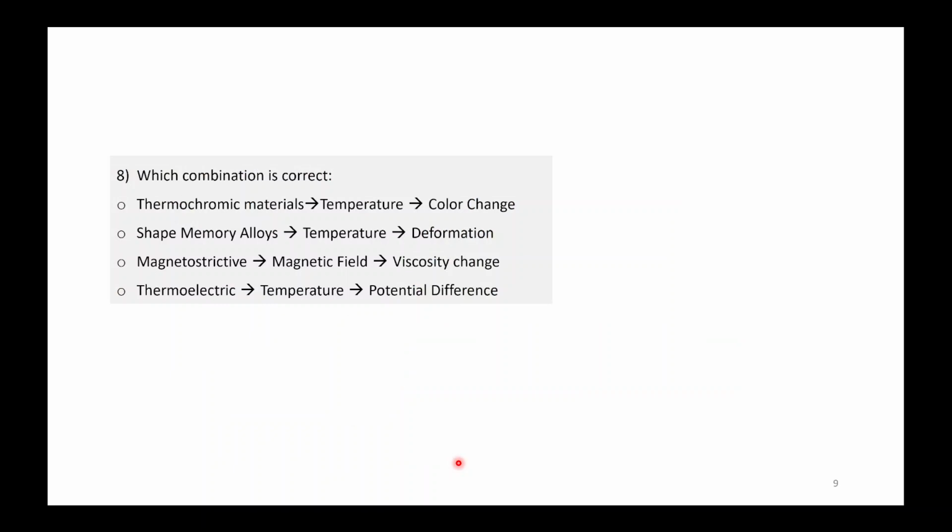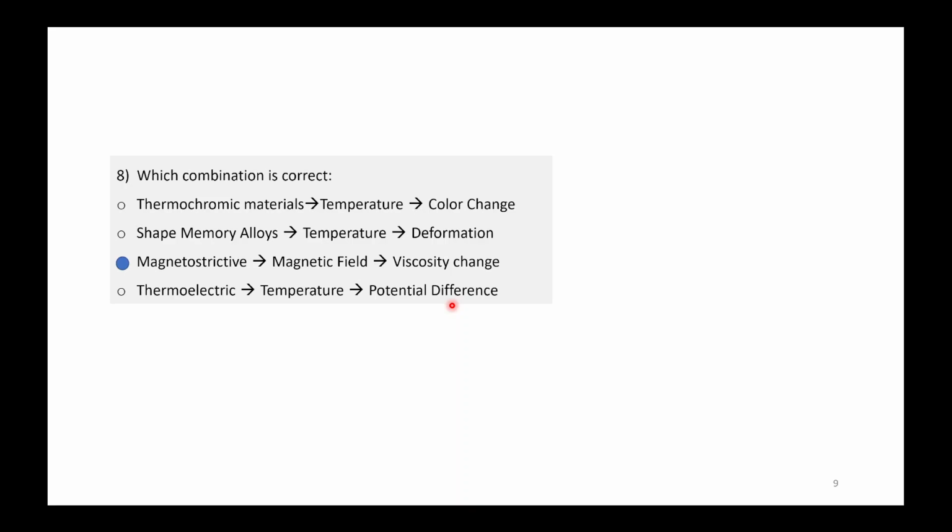Question number 8. Now which combination is correct? The first option is that thermochromic materials convert temperature into color change, and shape memory alloys convert temperature into deformation, and magnetostrictive materials convert magnetic field into viscosity change, and thermoelectric materials convert temperature into potential difference.